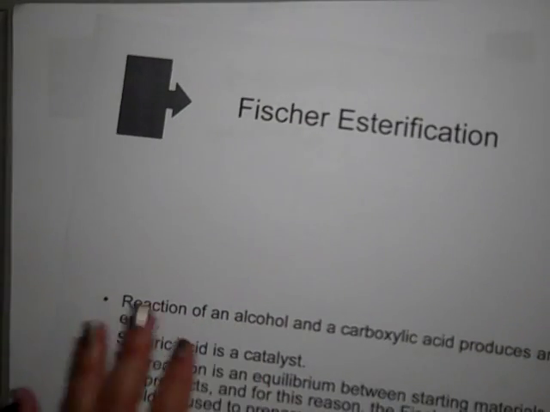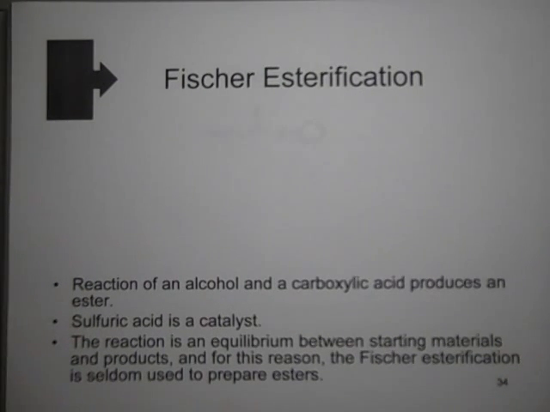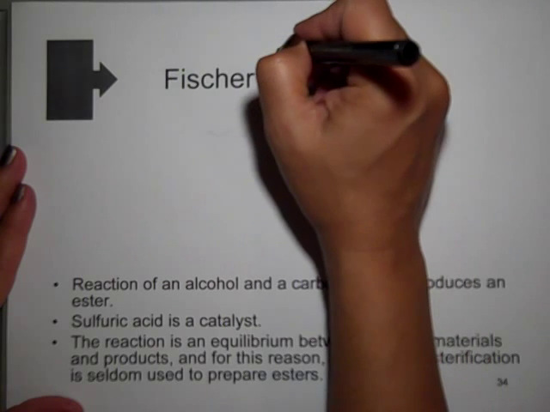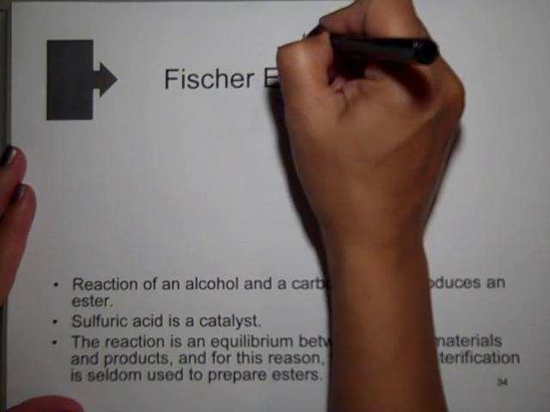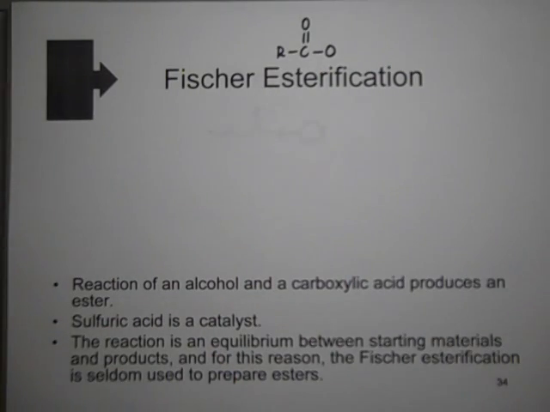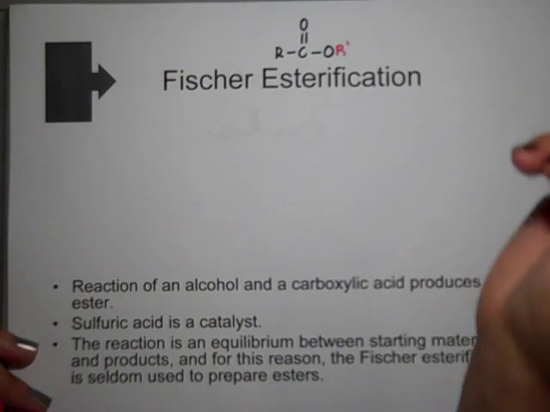Oh dear. This is a good reaction, but it's not such a good reaction. But let me just show it to you. It's a Fischer esterification. Esterification is when you form an ester. The ester is a carboxylic acid that, instead of a hydrogen on this side, has a carbon group.